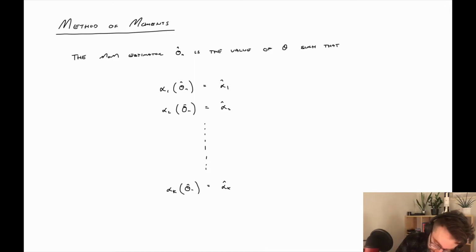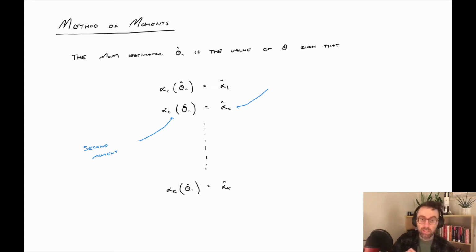So again, this is the second moment. And this here is the sample second moment, or let's call it the second sample moment. And we've equated those two things. So the thing on the right-hand side is a function of the data. The thing on the left-hand side is a function of the parameters.